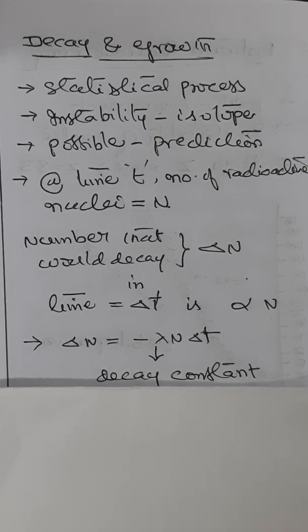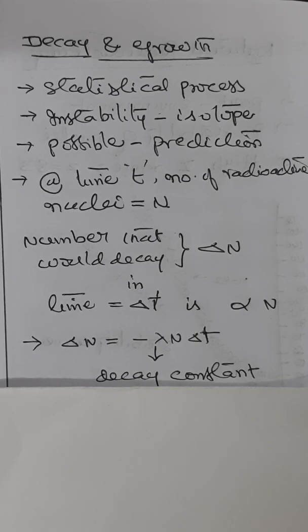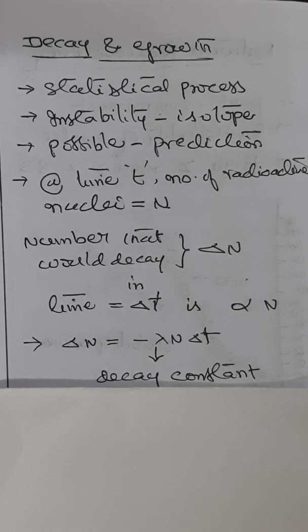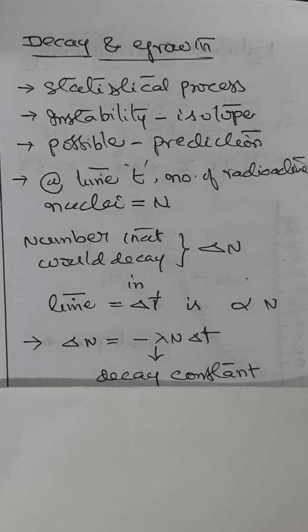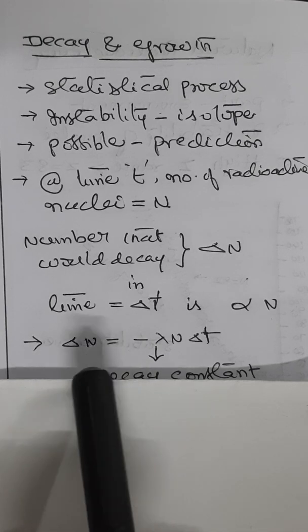The decay process and the observed half-life dependence of radioactivity can be predicted by assuming that the individual nuclear decays are purely random events. For example, if there are N number of radioactive nuclei at some time t, then the number delta N that would decay in any given time interval delta t would be approximately proportional to N.